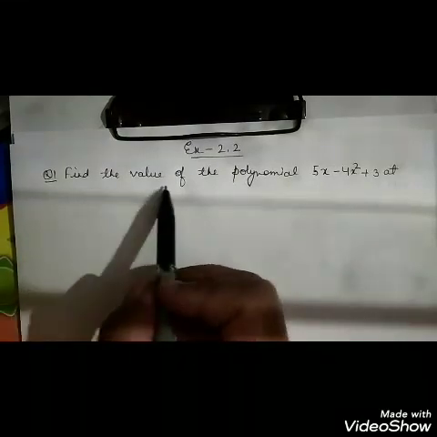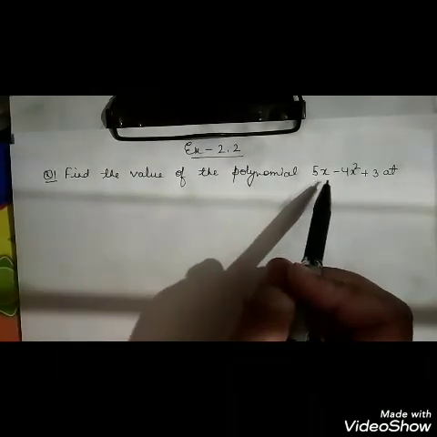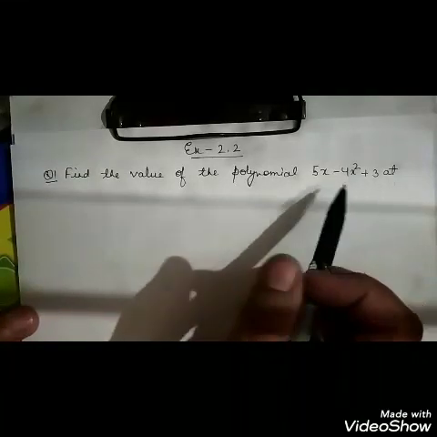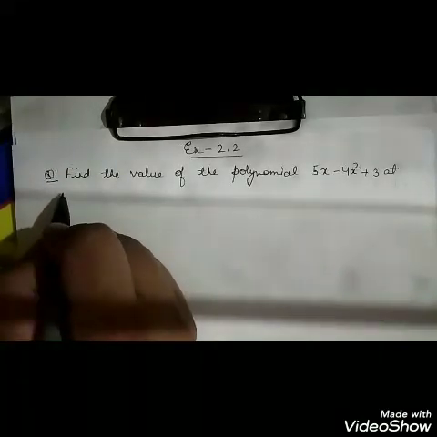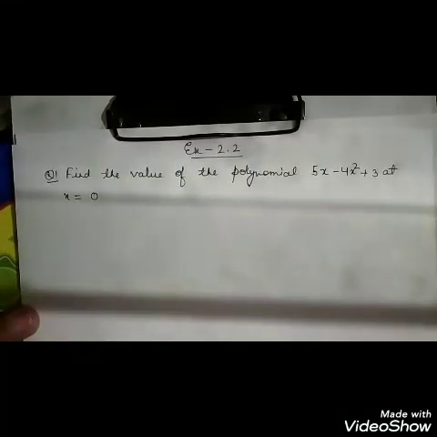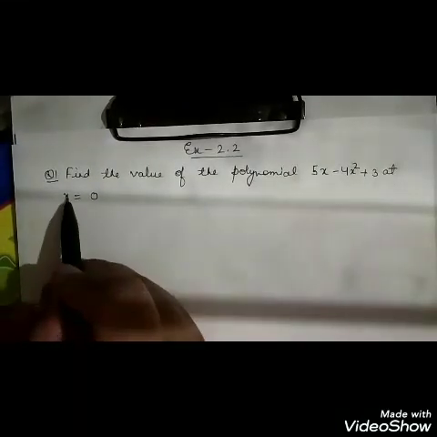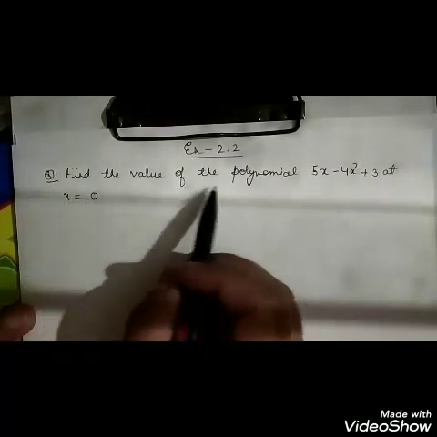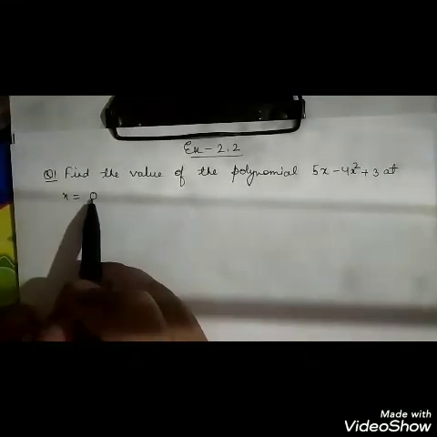Question 1. Find the value of the polynomial 5x - 4x² + 3 at x = 0. Now we need to find the value of the polynomial at x = 0.